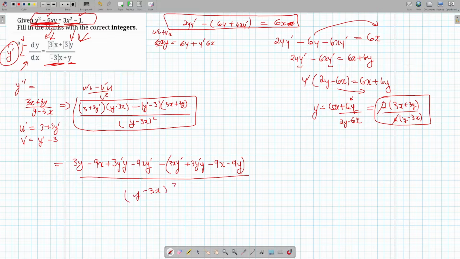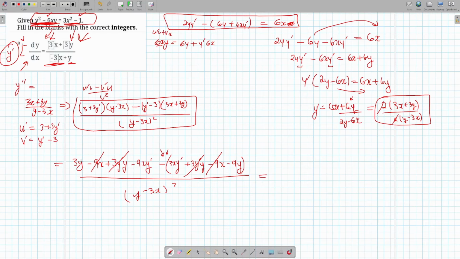Now we should be able to cancel a few things. I can see that we can cancel this with this, because of the minus over here. We can't really cancel anything else. You can cancel minus 9x with this minus 9x, because of the minus here. Alright, now we canceled a few things. Let's continue.